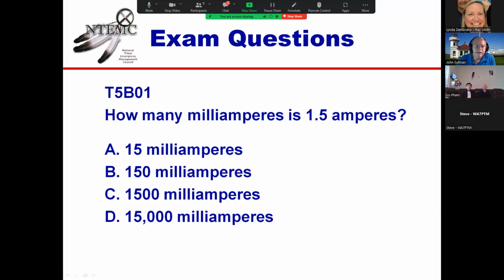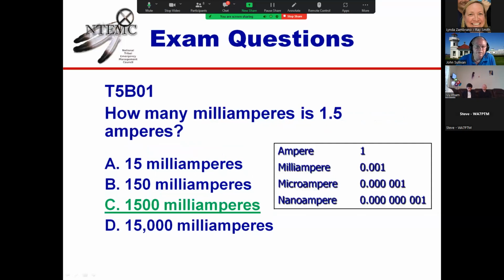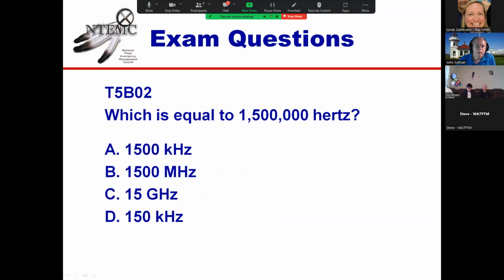Well, we know that a milliampere is 1,000th, so 1.5 thousands would be what? Would be 1,500 milliamperes, because milli is for 1,000. So 1.5 amps is 1,500 milliamps.